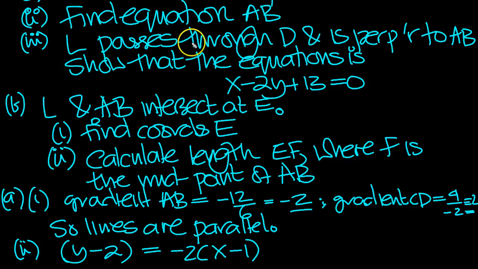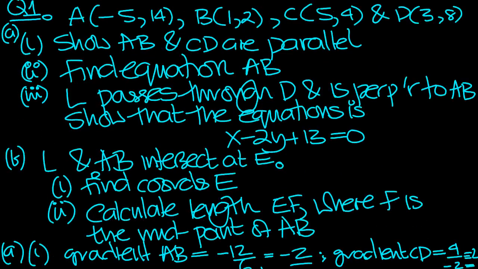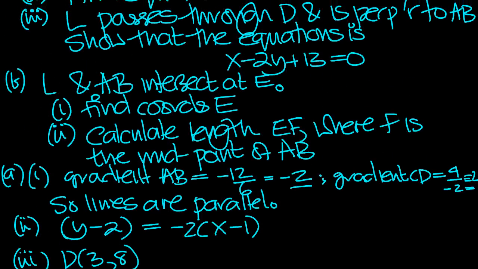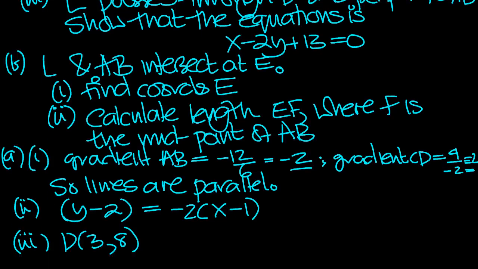Part 3, L passes through D and is perpendicular to AB. So D is the point (3, 8). Let's just write that down because we need that. And also we need that it's perpendicular to AB.